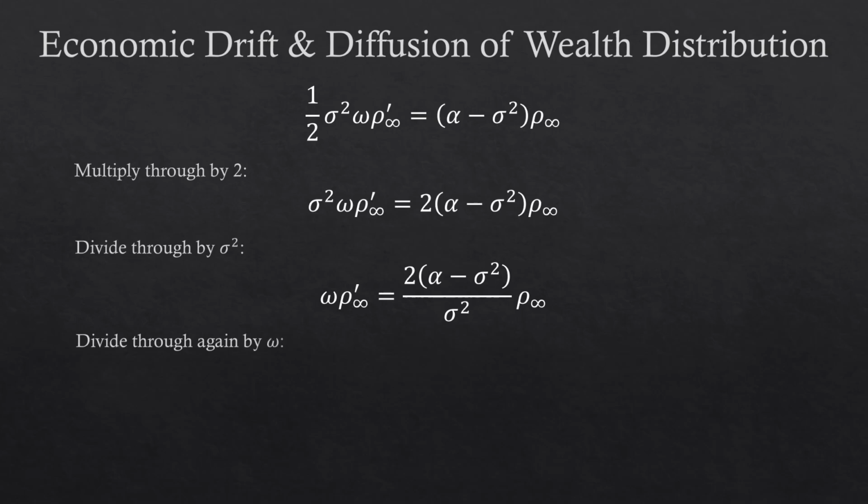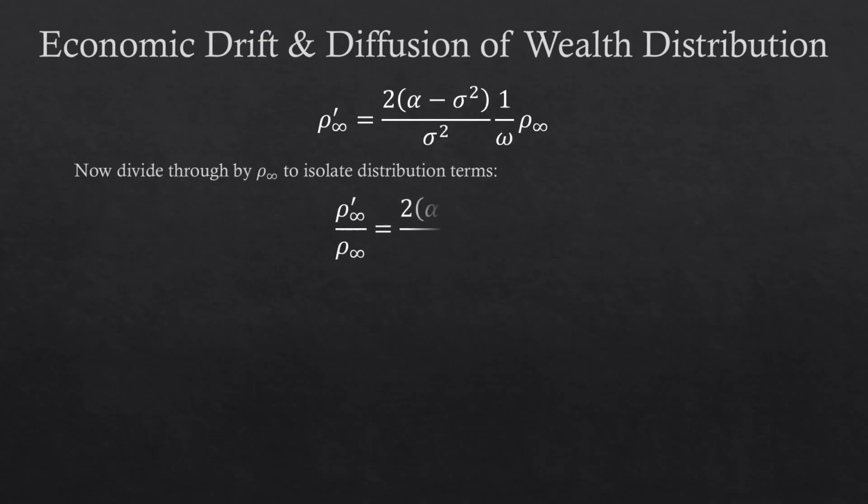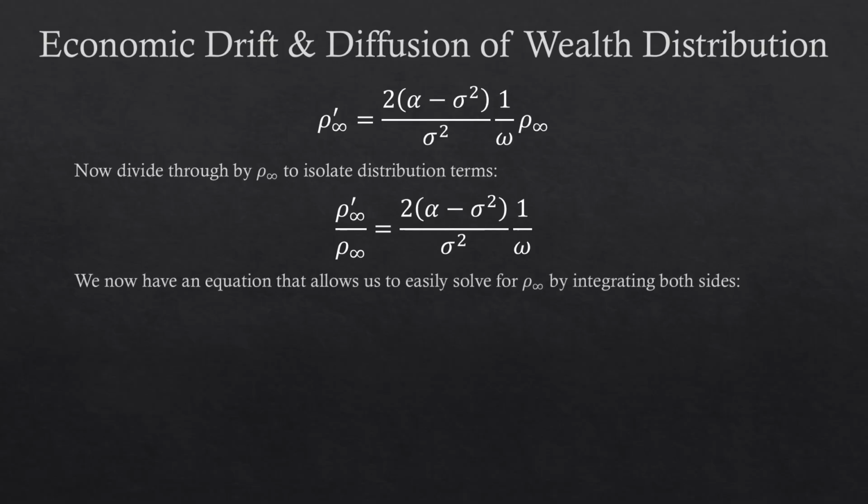Divide through, again, by the wealth. We isolate the derivative of our wealth distribution. And now we divide through by the wealth distribution to isolate distribution terms. We now have an equation that allows us to easily solve for the stationary wealth distribution by integrating both sides.